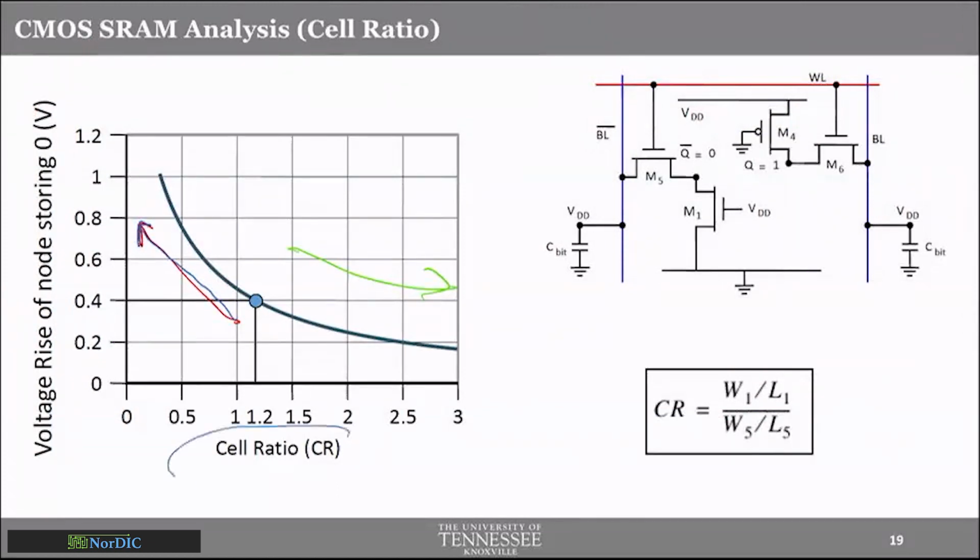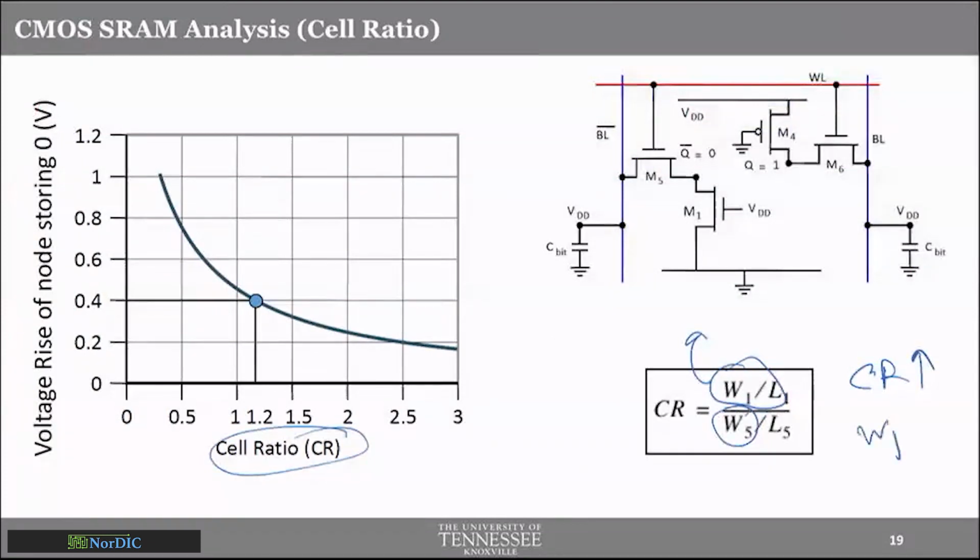Now, as you see, by controlling the cell ratio, you can tune it. That's the good thing. It also shows you that the larger the cell ratio, the better the performance is, right? The concern with voltage rise at that node will not be as much. So cell ratio is the ratio between W1 and W5. To increase CR, we will have to increase the numerator, right?